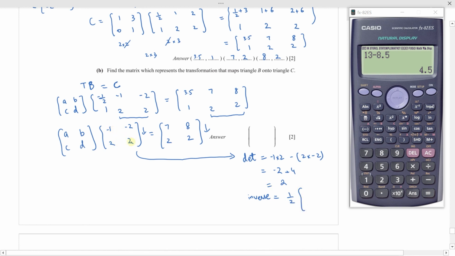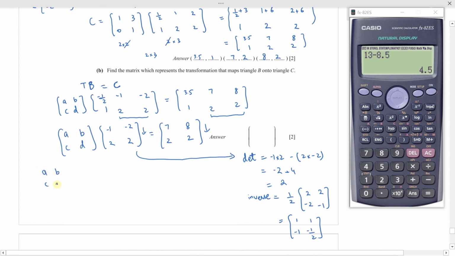For the adjugate, you swap the places of these two, so this will become 2 and -1, and change the sign of the other two. This will become positive 2 and this will become negative 2. If I take this 1/2 inside, I will get 1, 1, -1, and -1/2. So this is your inverse.